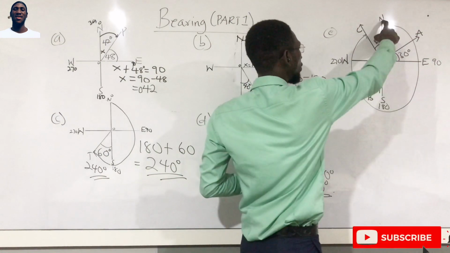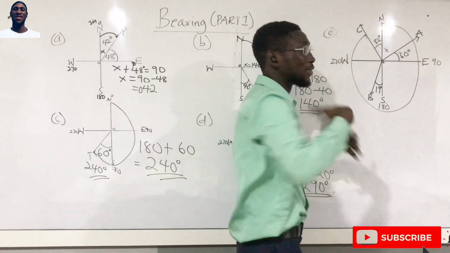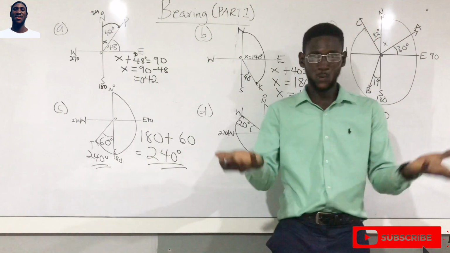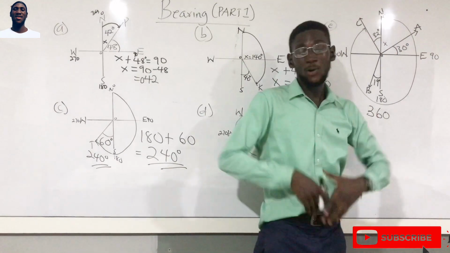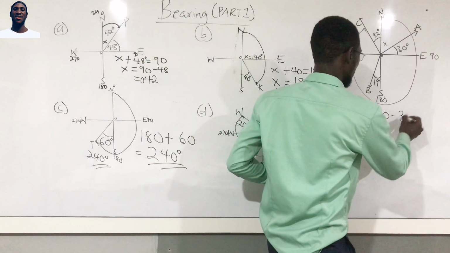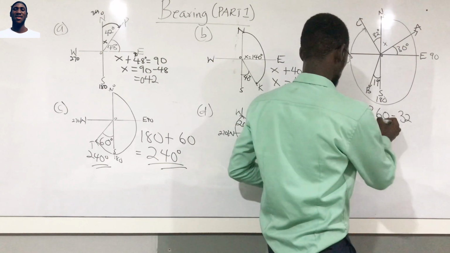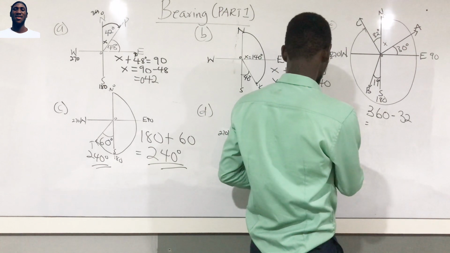So we are looking from north up to C. If I take 32 from 360, I'll get my final answer. So 360 minus 32 degrees.